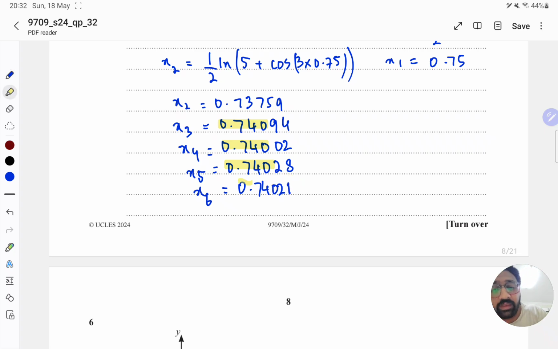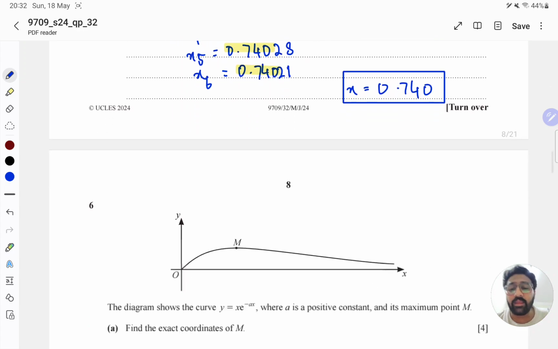So if you see over here, the 3 decimal places are repeating itself, so the value of x will be 0.740, the answer up to 3 decimal places.